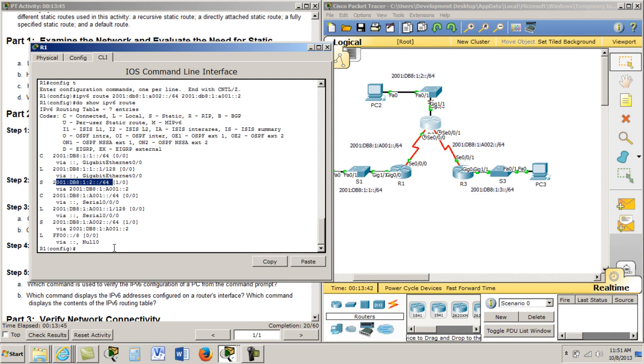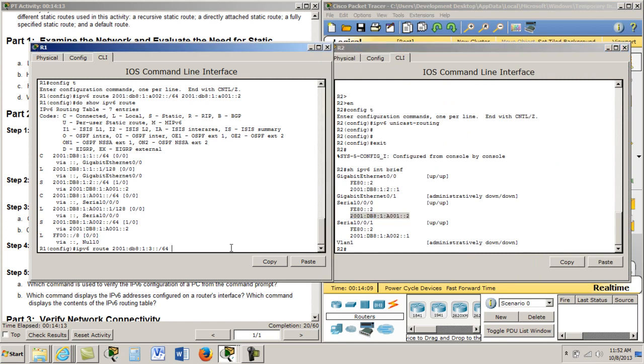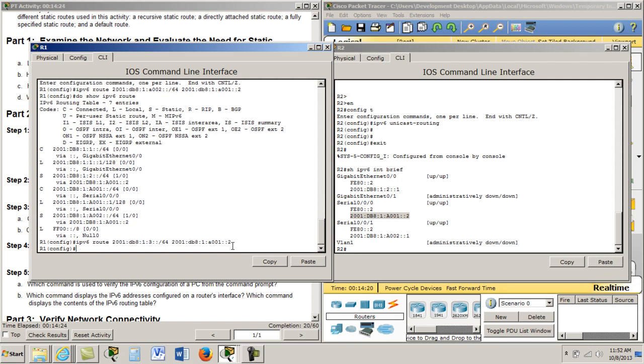And now let's finally, on R1, add this third network. No difference in how we do it. Again, ipv6 route, and the network we're trying to reach, 2001:DB8:1:3::/64, our network prefix, and we're going to the next hop address of 2001:DB8:1:A001::2.